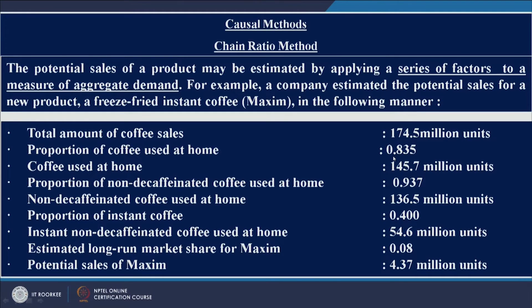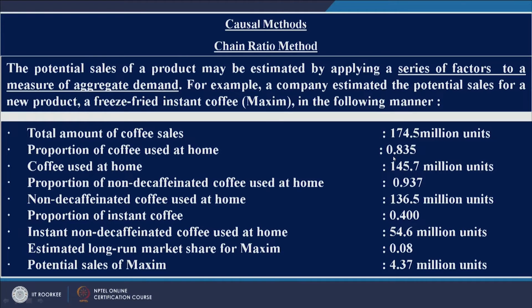A company estimated the potential sales for a new product, a freeze-dried instant coffee. Its name is Maxim. The company wants to know what would be the forecast for this particular brand of coffee, and the following information is given to you.